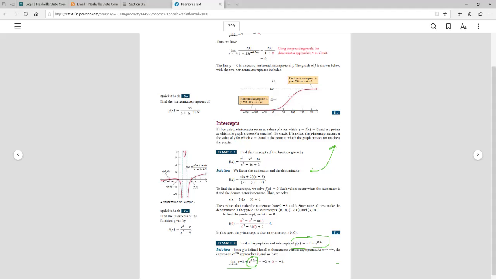Because if you have e raised to the power of a negative value, let's say we have 0.5 times negative 8, for example, this would be the same thing as having 1 over e to a positive value.